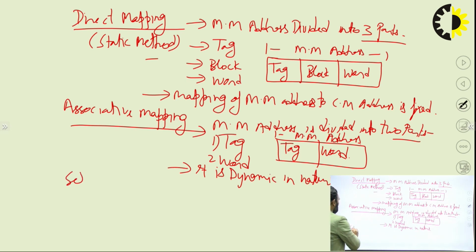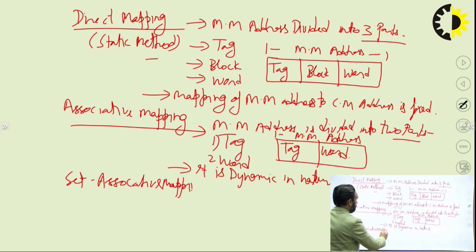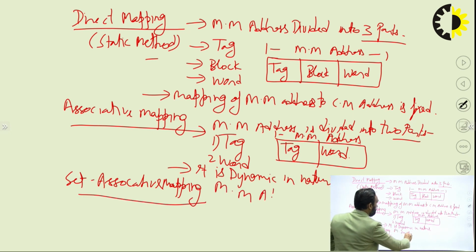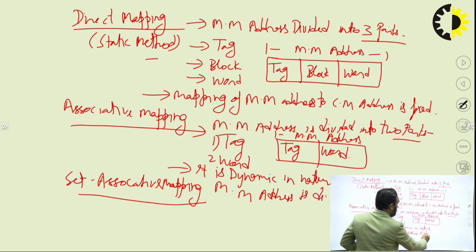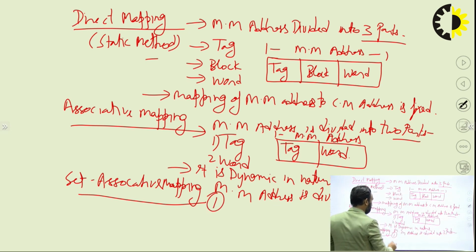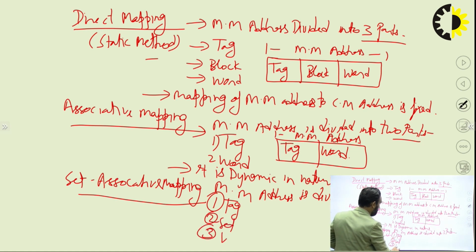And in set associative, the main memory address is divided into three parts. What are these three parts? First one is tag, second one is set, and third one is word.